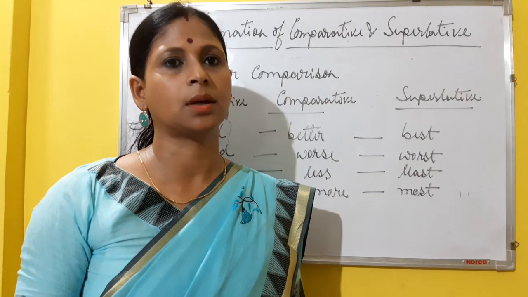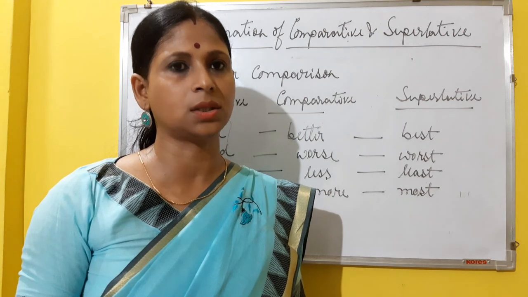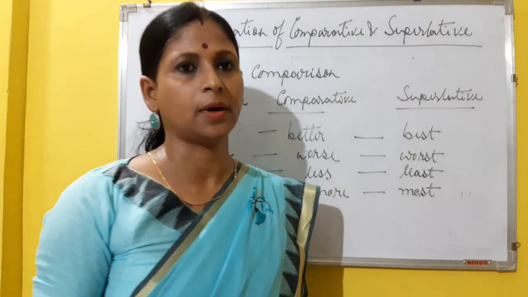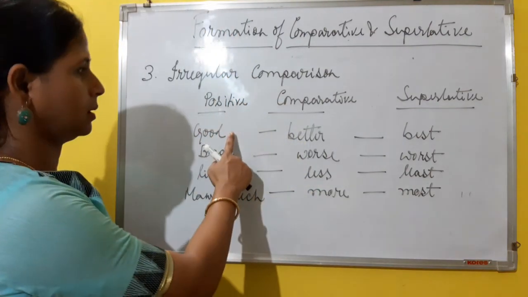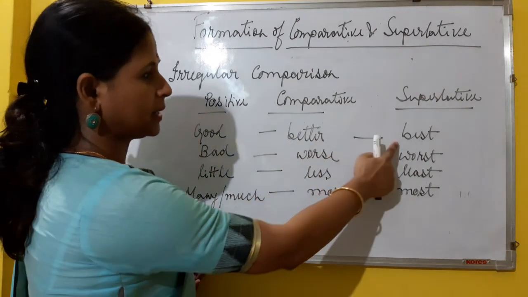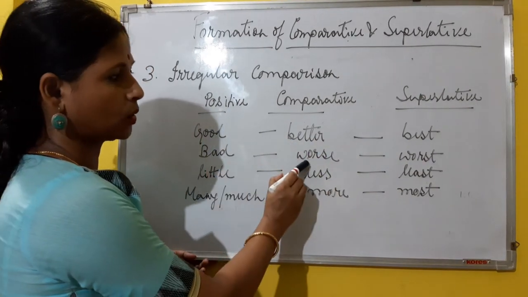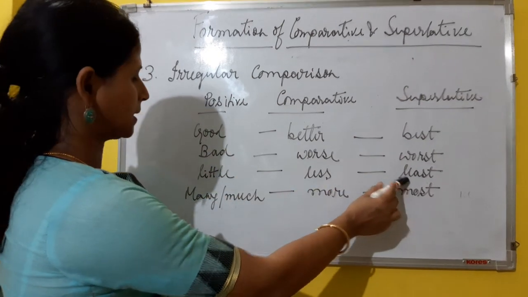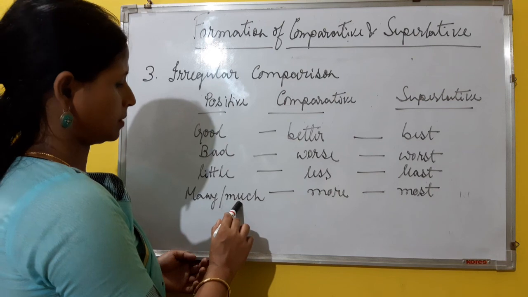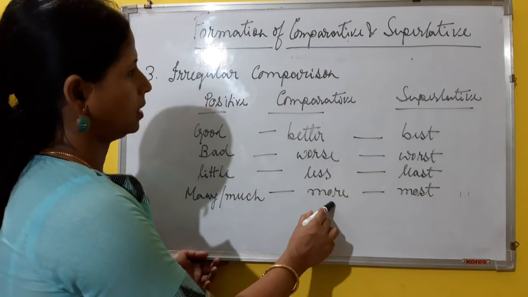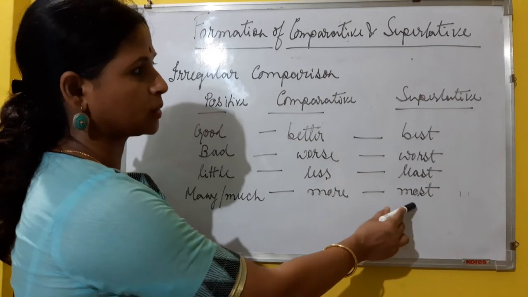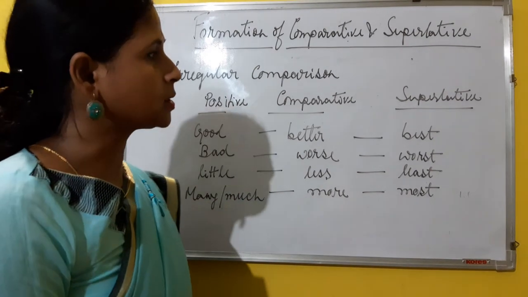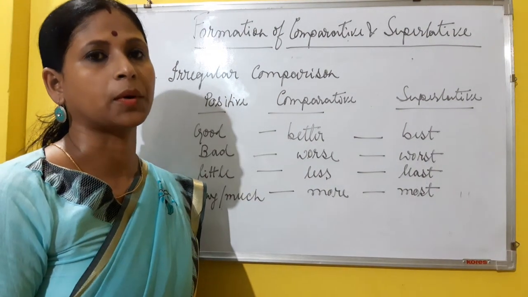That means the comparative and superlative form is not made by adding something to the positive. For example, good, better, best, bad, worse, worst, little, less, least, many or much. In both cases, the comparative form is more and the superlative form is most. So these are certain examples which are very common from our exam point of view.